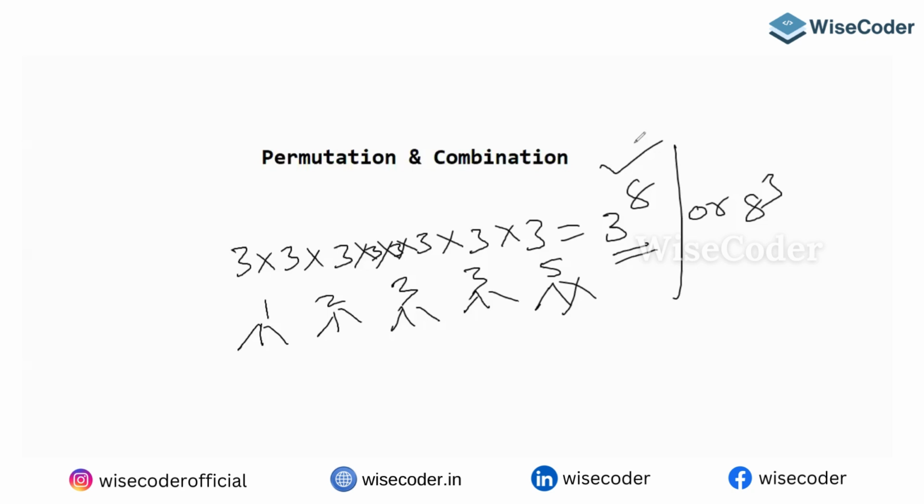When 8 people have to be arranged in 8 chairs, the answer is 8 factorial, because each chair can accommodate only one person. When 8 letters have to be posted in 8 post boxes, the answer is 8 power 8, because a letter box can accommodate any number of letters.